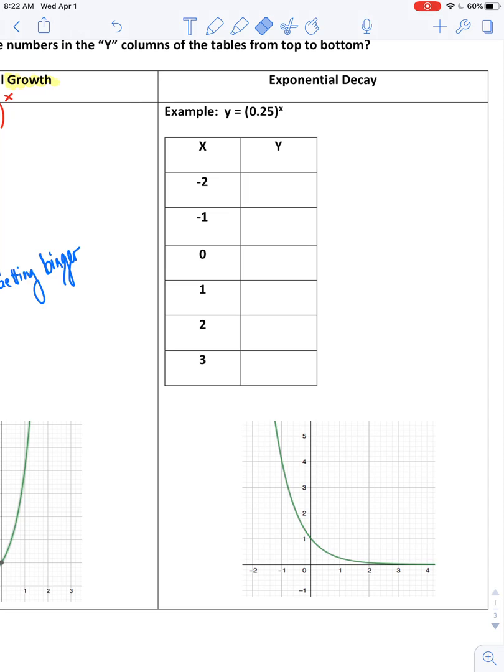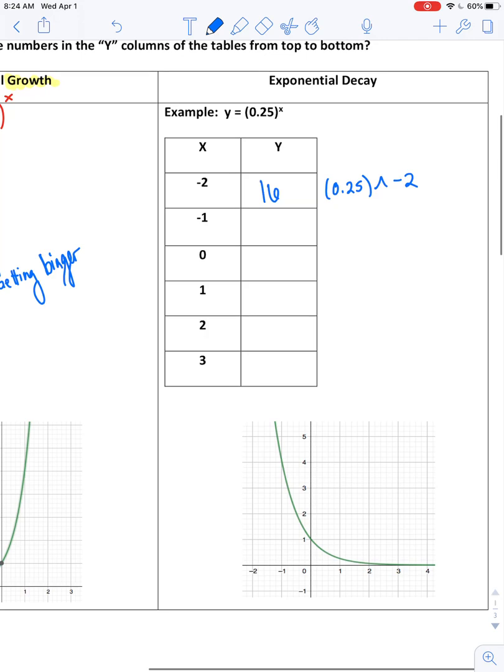And now let's look back at exponential decay. And you could, of course, use a calculator to fill out this table. So don't feel like you're restricted in that sense. Definitely use a calculator if you need to. You could type in 0.25 to the negative second power, which should get you 16.